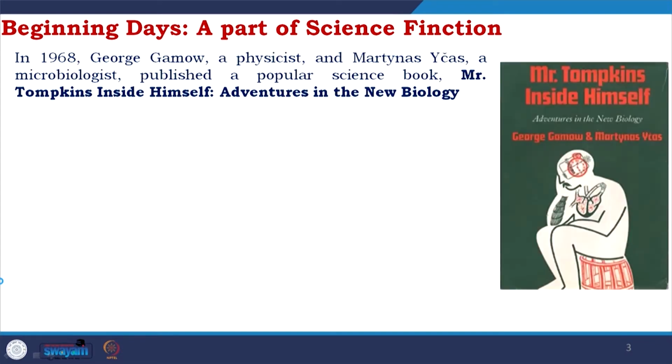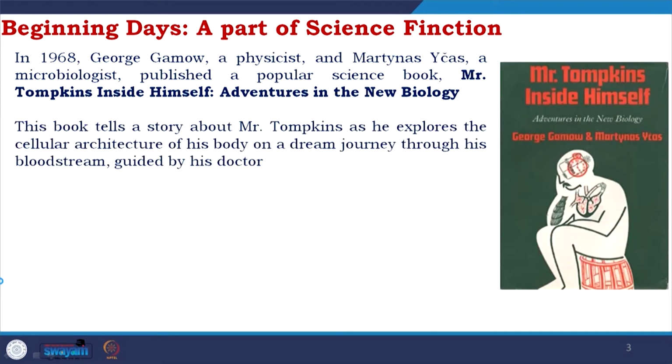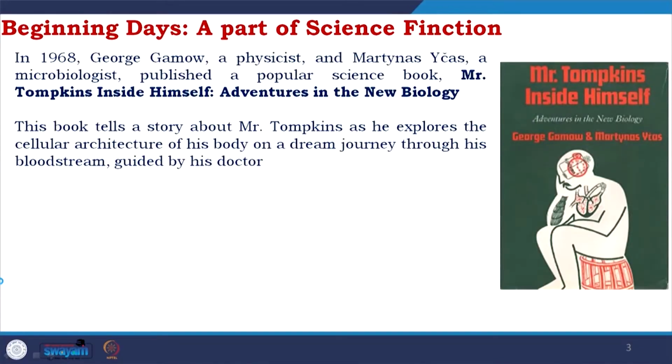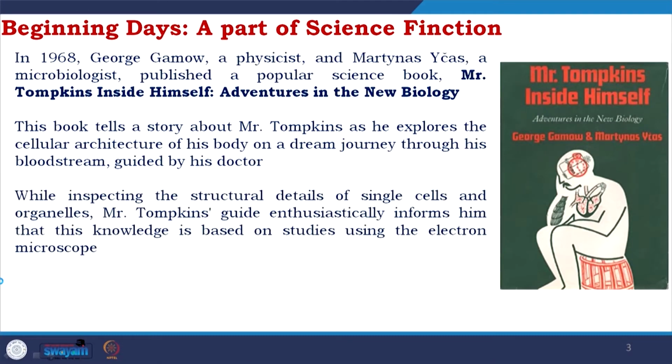This is the book. What does this book tell about? This book tells a story about Mr. Tompkins as this guy explores the cellular architecture of his body on a dream journey through his bloodstream, guided by his doctor. It is a very amazing story to learn about our body and system, how it works.